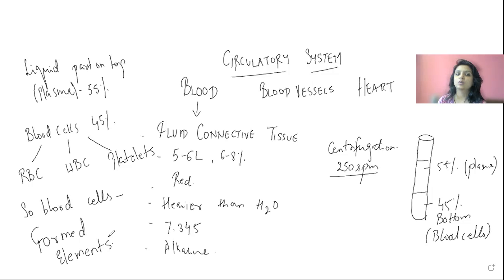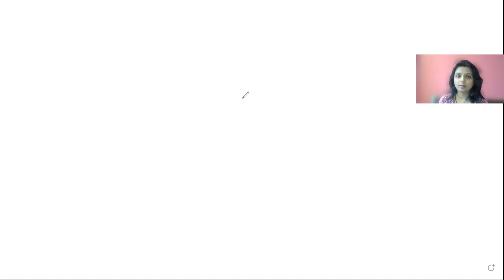So now we will continue precisely with the liquid part of the blood, that is the plasma. Our focus is going to be the liquid part of the blood. So let's get started and understand the liquid component, plasma.